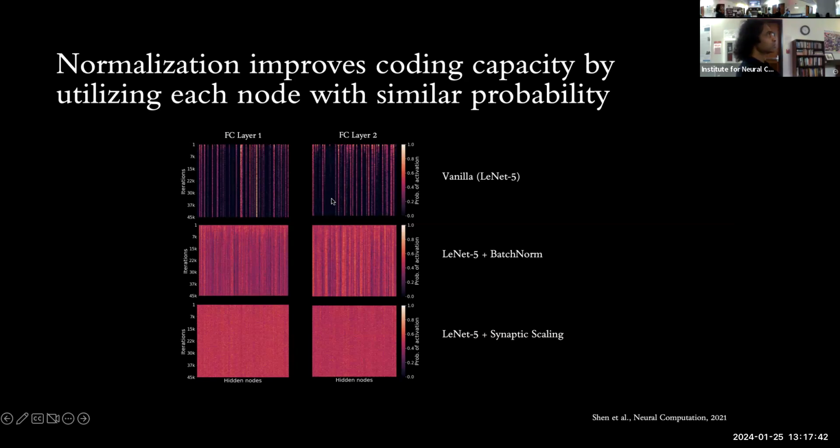In the vanilla model, you see the strips, and you might think it's a very sparse usage. But this is very different from the sparse coding I talked about before, because in sparse coding, even though only a few neurons are active for a single input, each neuron has a similar probability of being activated across the inputs. However, in this case, some neurons are never used, which really reduces the number of inputs you can represent. So you waste a lot of dimensions even though you have a large dimensionality.